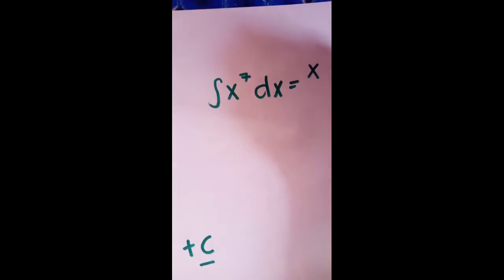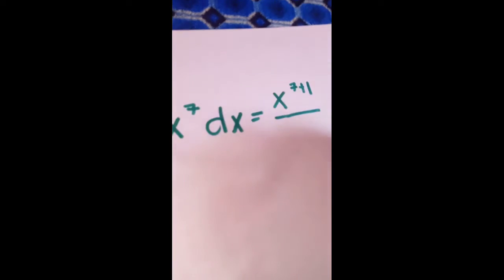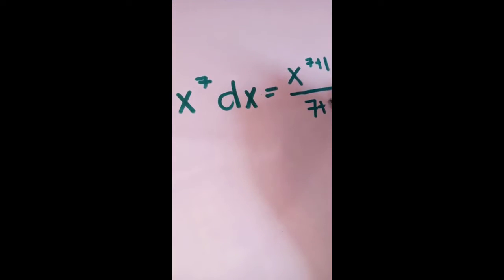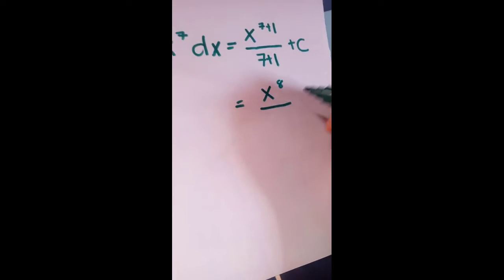Another example is the integral of x to the power of 7 dx, which is equal to x to the power of 7 plus 1 over 7 plus 1 plus c, the constant, which is equal to x to the power of 8 over 8 plus c.